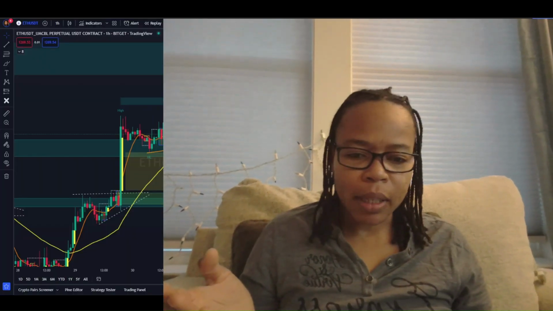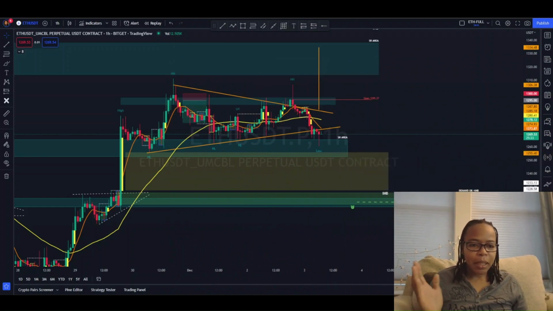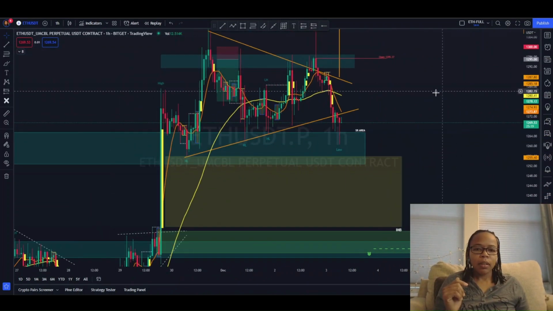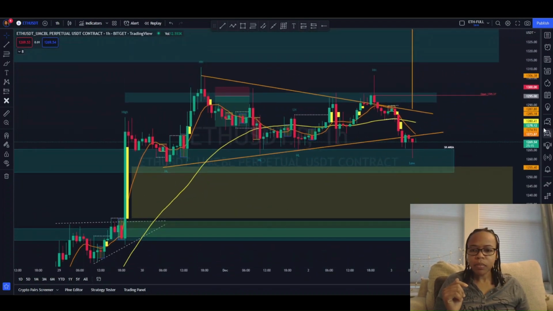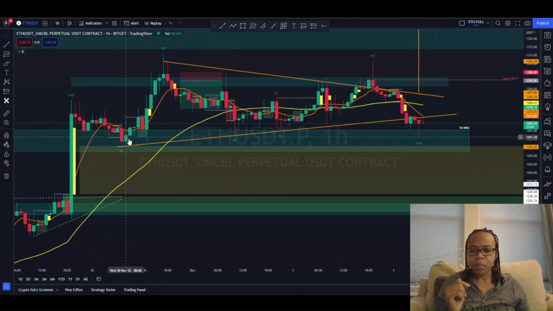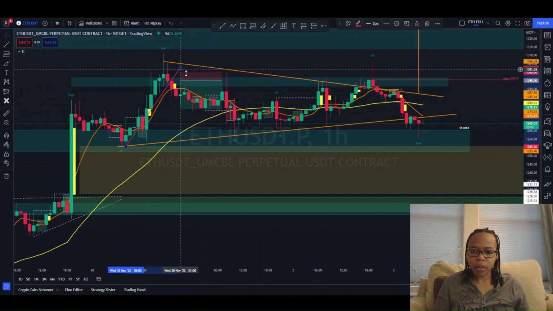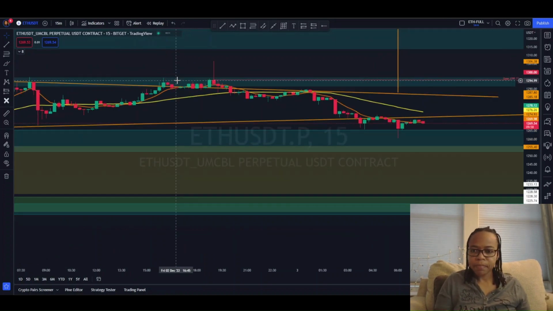So, for example, let me dip into Ethereum. There's this trade setup that I saw, and I was waiting for price to break out of this little area here, approximately.